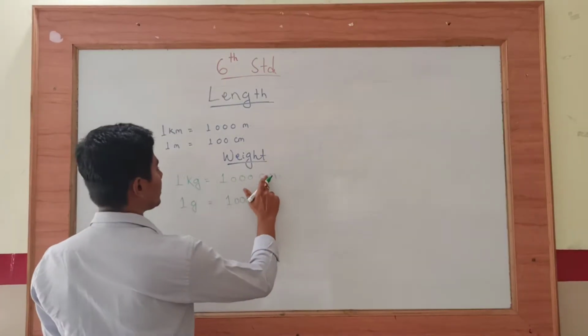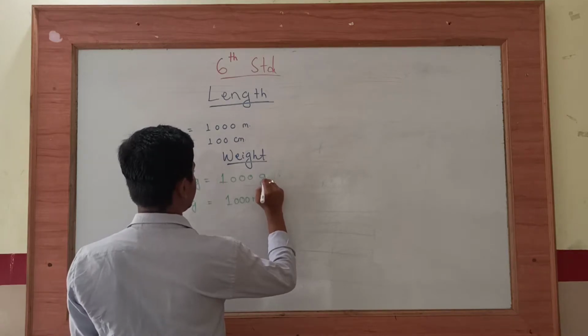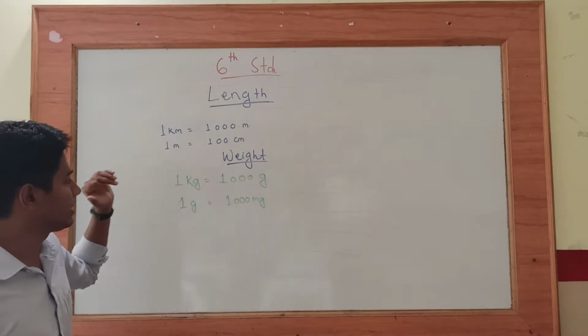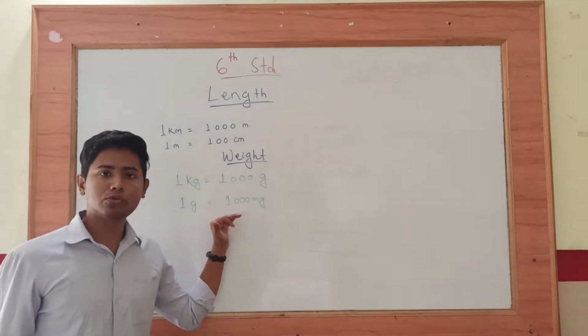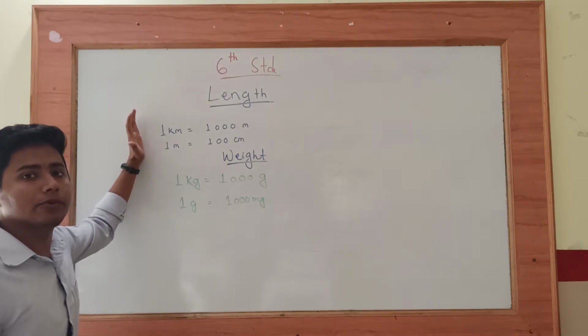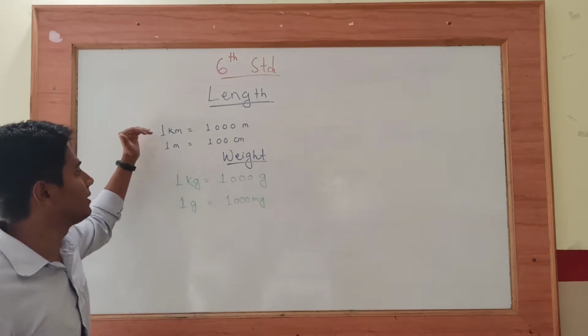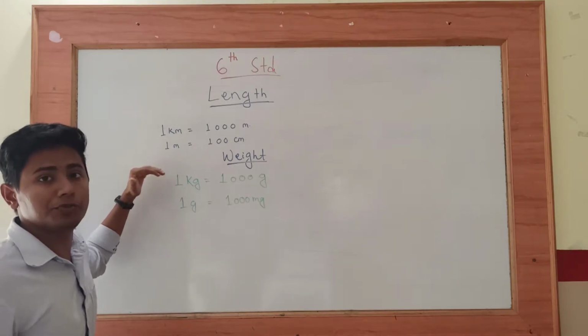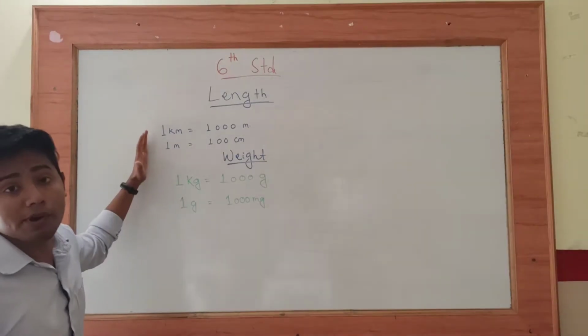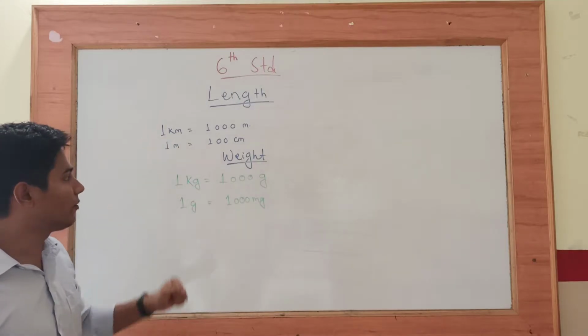You should write gram only as g, not gm. So 1 kg equals 1000 gram and 1 gram equals 1000 milligram. These units we use for length and these units we use for weight. We will discuss these more, let me complete it first.